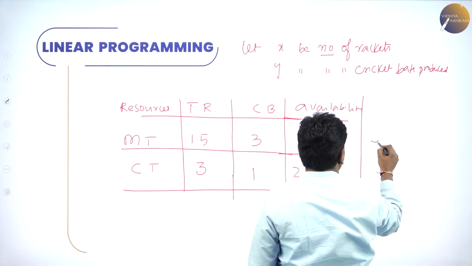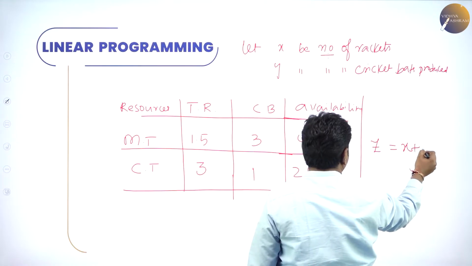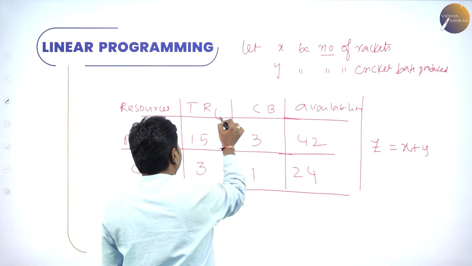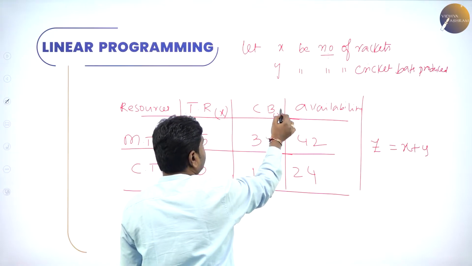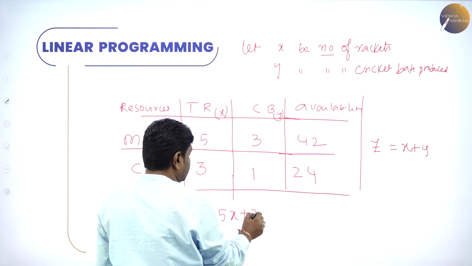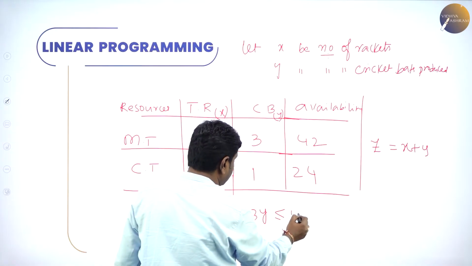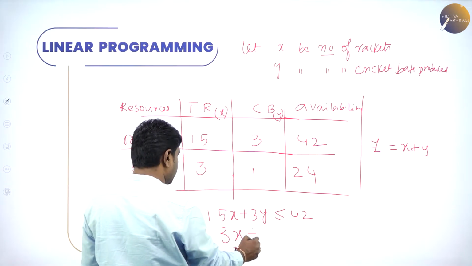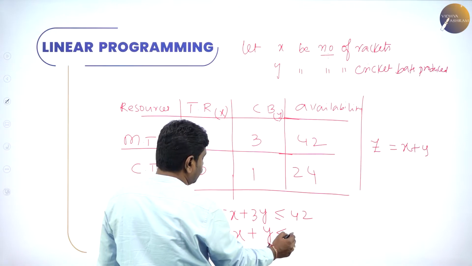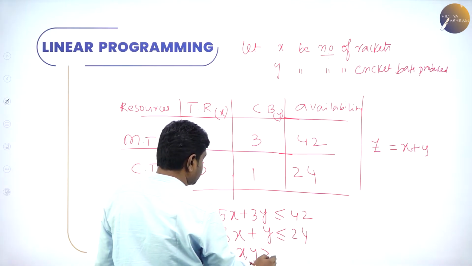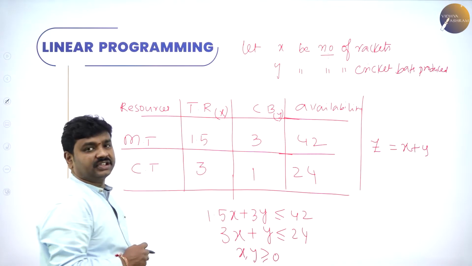Now z is what? z = x + y, subject to conditions. What are the conditions? The tennis rackets are x and cricket bats are y. So 1.5x + 3y should be less than or equal to 42 and 3x + y should be less than or equal to 24, and x, y should be greater than or equal to 0. This is the formulation.